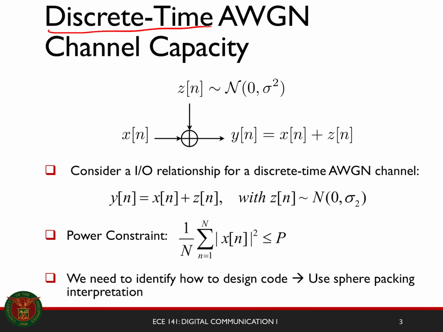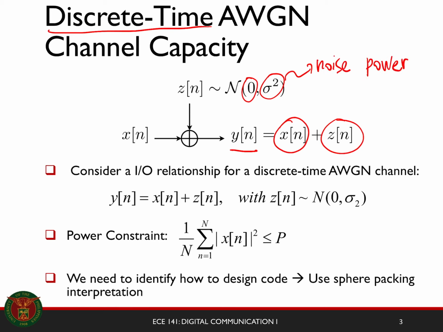Recall that for our model, a received signal is equal to your transmitted symbol plus Gaussian noise with mean 0 and variance sigma squared. Sigma squared represents the noise power, and the larger it is, the larger your noise power is. And we don't want that.